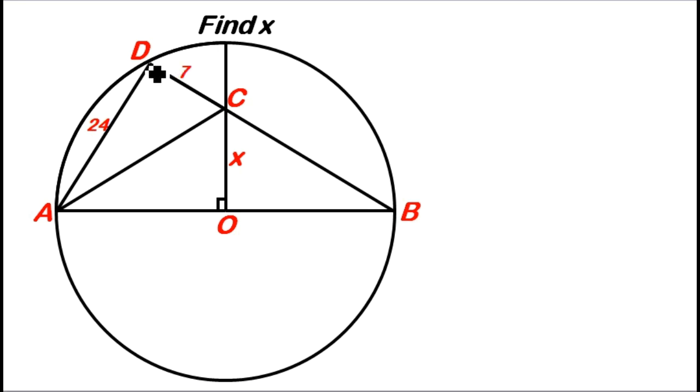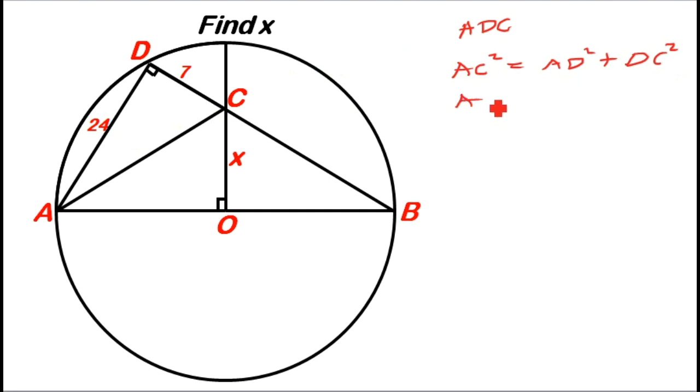Now, how do we find the value of x? We will start with the triangle ADC. Triangle ADC is a right angled triangle. So for us to get the length AC, we'll just use the Pythagoras theorem. AC, which is the hypotenuse, is going to be AD squared plus DC squared according to Pythagoras theorem.